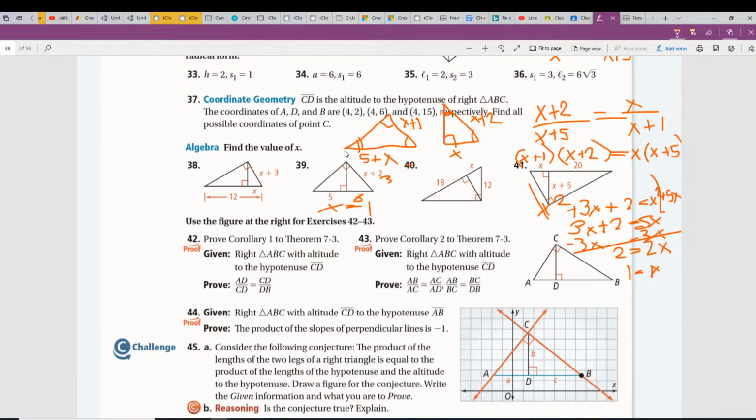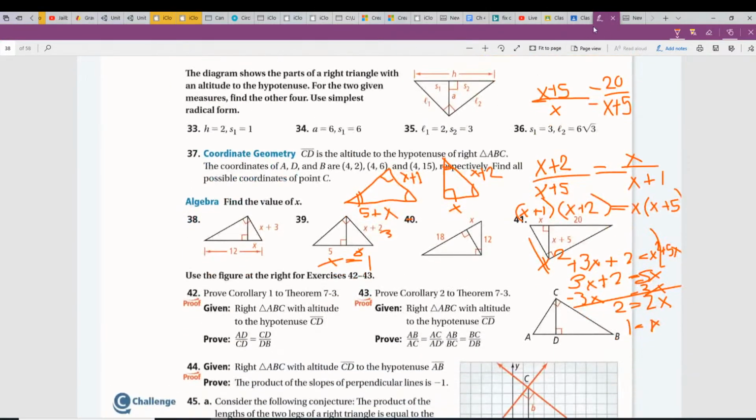So then that is equal to x, this one right here, the one with the small side, x. Oh, hold on. How did I get x plus 1? Sorry guys. I can make mistakes sometimes too.